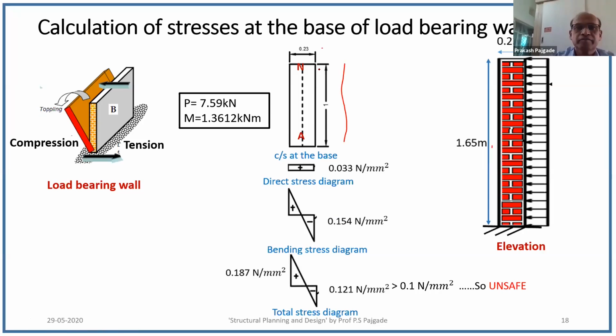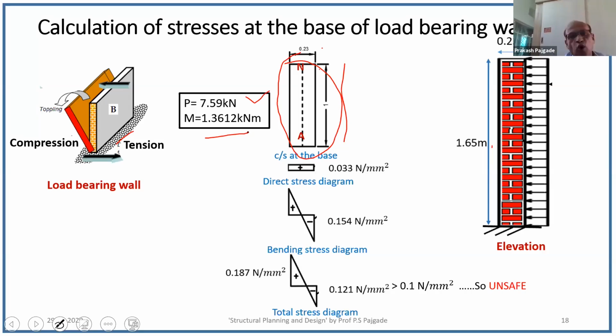Now the load for 1 meter length comes out to be 7.59 kilonewton, and bending moment due to wind load comes out to be 1.36 kilonewton meter.